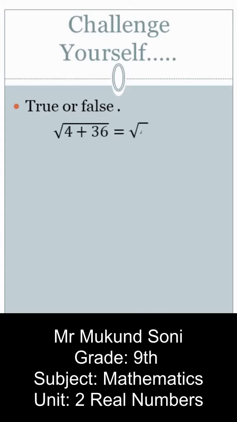Under root 4 plus 36 is equal to under root 4 plus under root 36. Is it true? Think. You will need to think critically on this. Then simplify. Negative root 40 plus under root of 125 plus under root of 605.